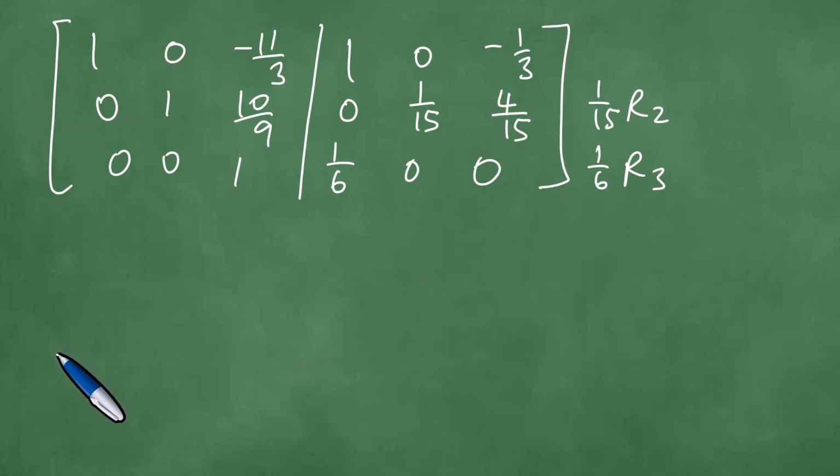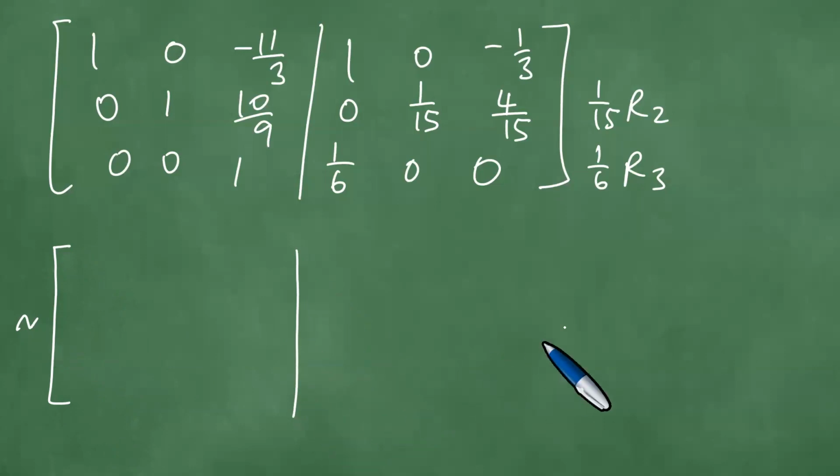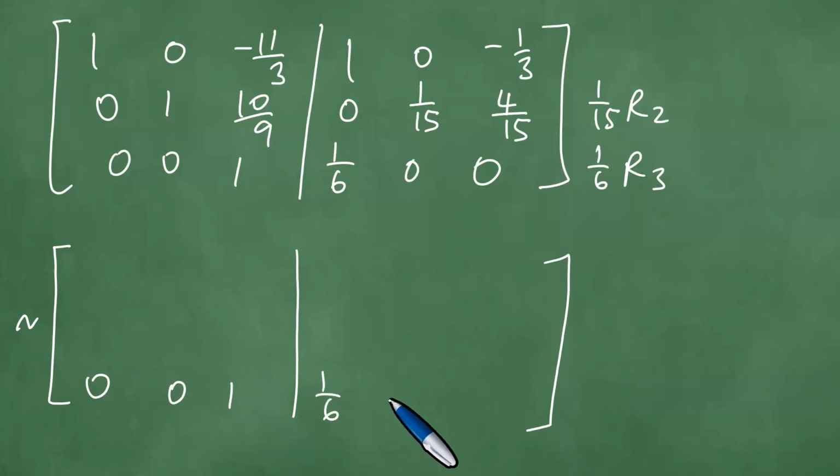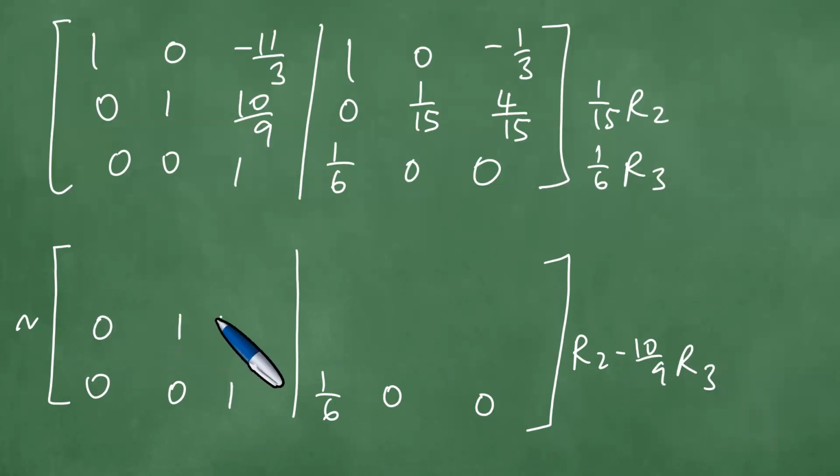And then the next thing is to get, so the previous matrix is row equivalent to this. Row 2 minus 10 over 9, row 3. Okay, I want to get a 0 here.